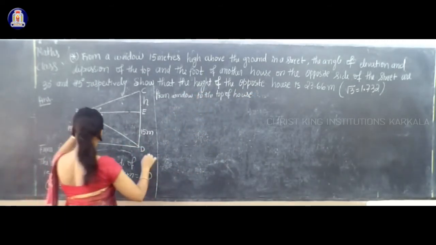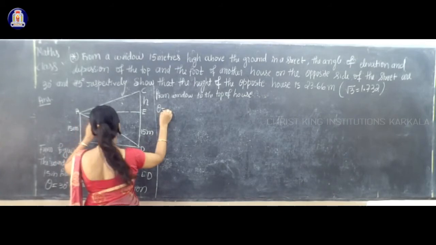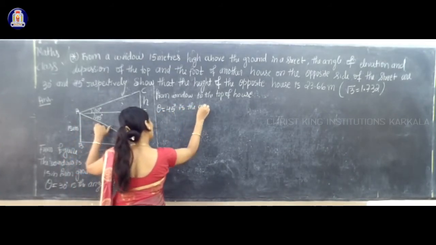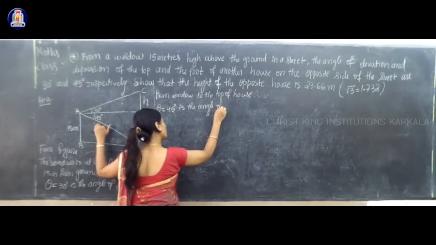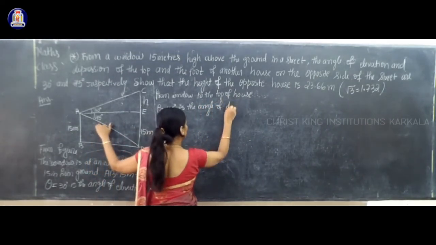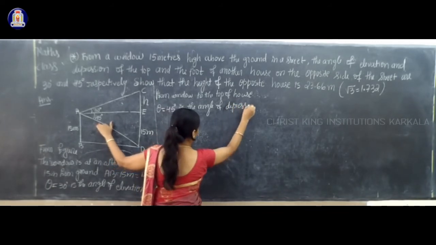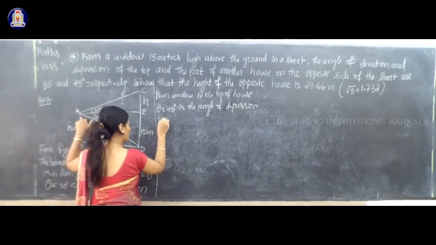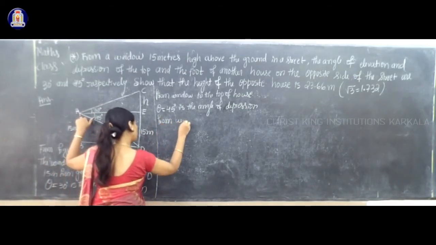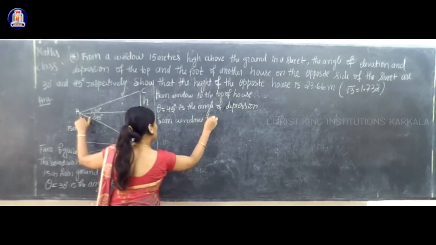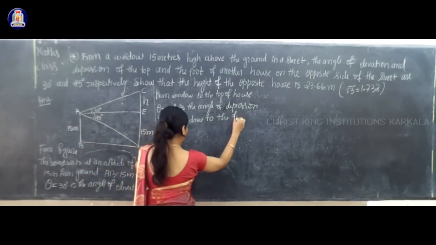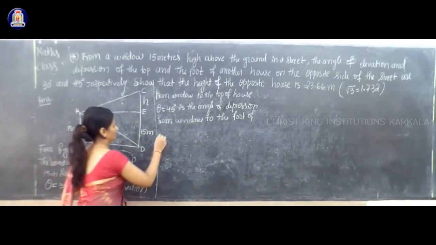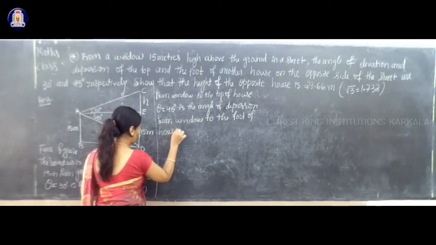Next, theta is equal to 45 degree is the angle of depression from the window to the foot of the house.